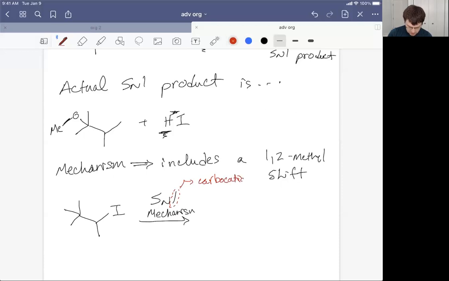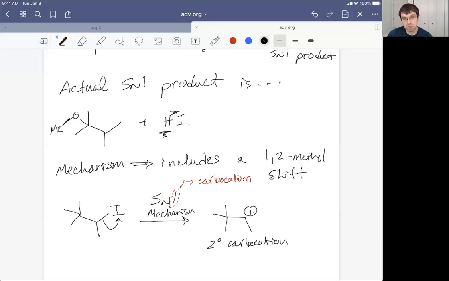So a carbocation is being generated from this intermediate structure. What that looks like is the iodine just slips away to form a positive charge. The positive charge is at a carbon with 1 hydrogen and 2 non-hydrogen groups. So we would call that a secondary carbocation.